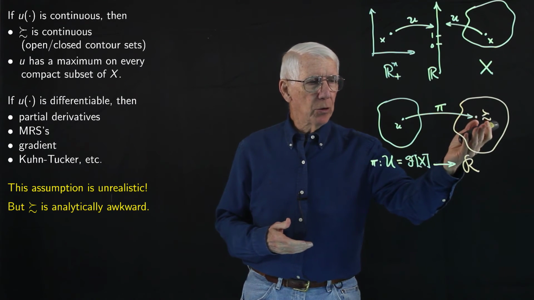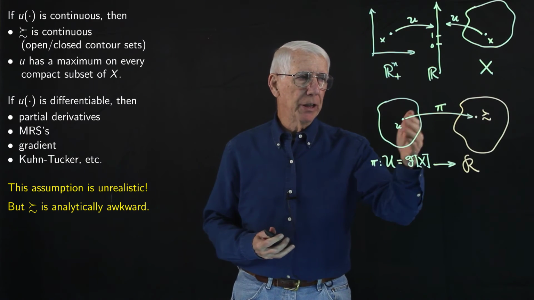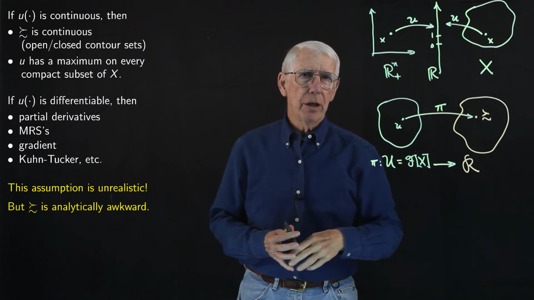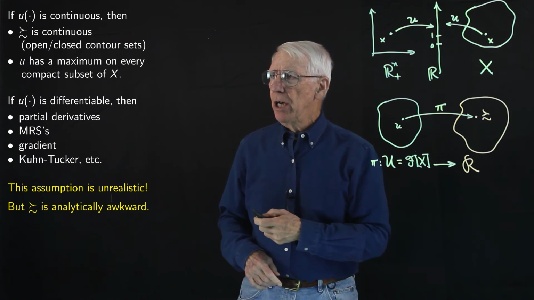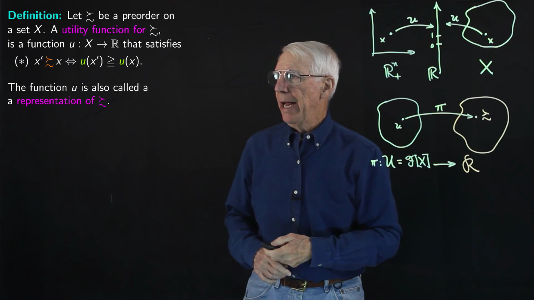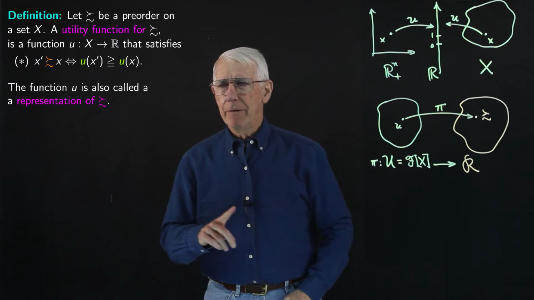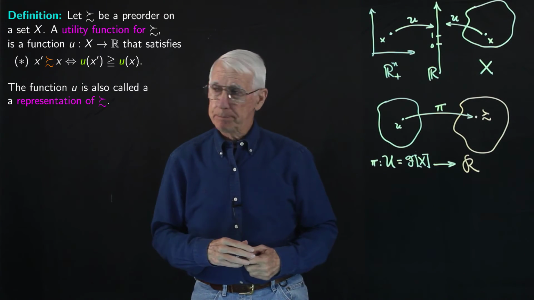So we assume the pre-order and use the utility function, instead of assuming a utility function and then trying to use the pre-order. That is a really important idea in microeconomics and game theory, important enough that we actually give it a name and a definition.